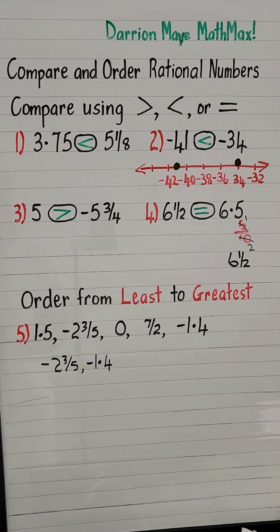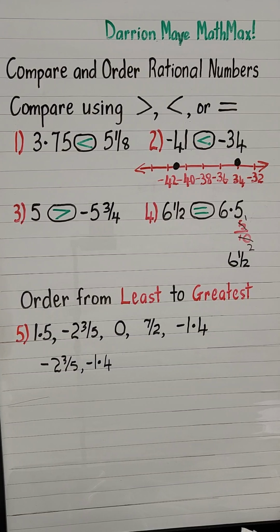Okay, and now we are left with 1.5, 0, and 7 over 2. We know that 7 over 2 is 3.5 when converted to a mixed number.